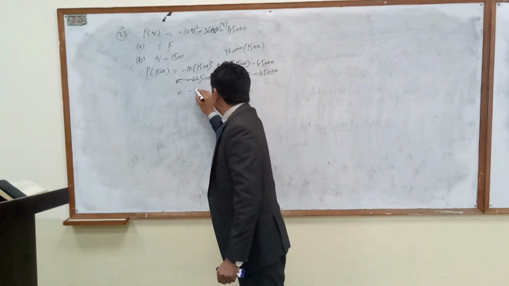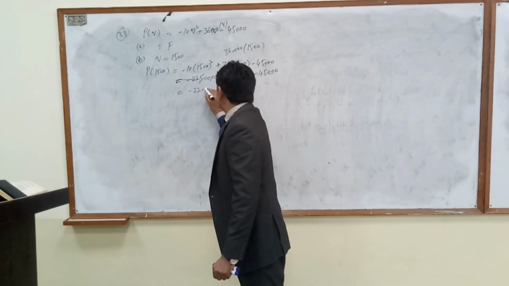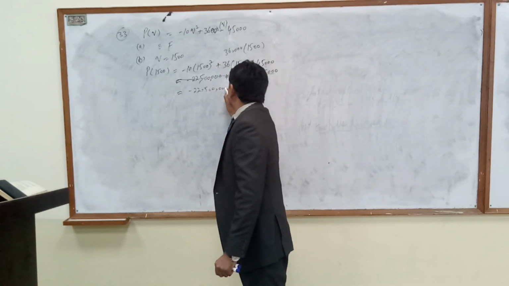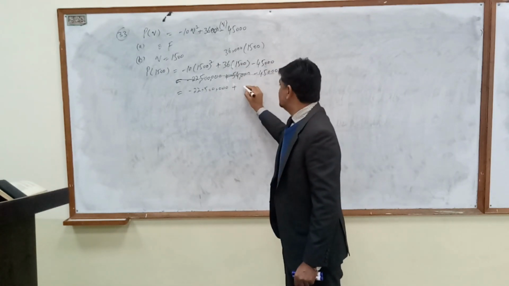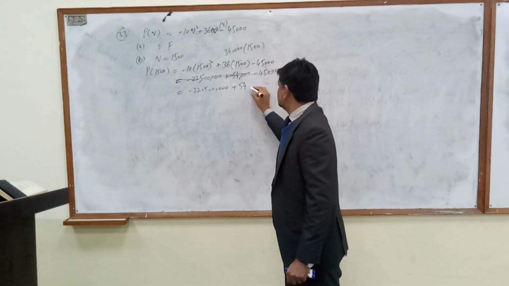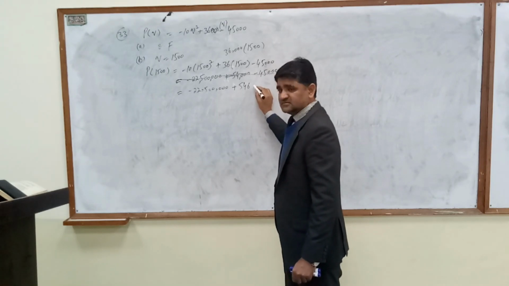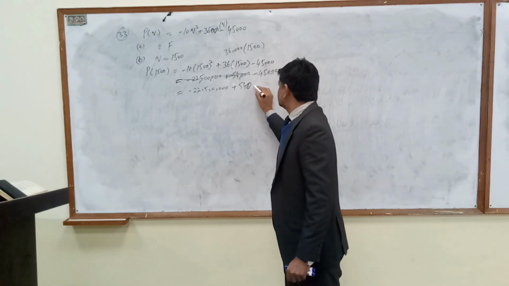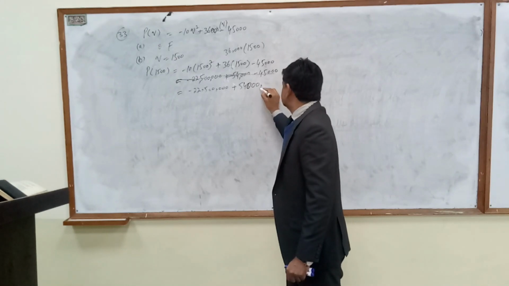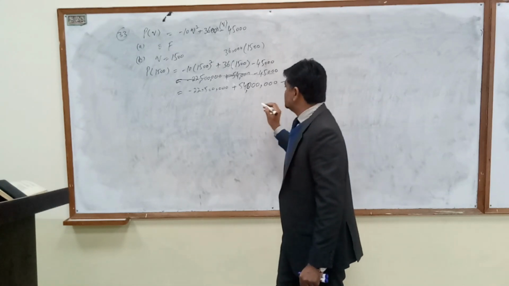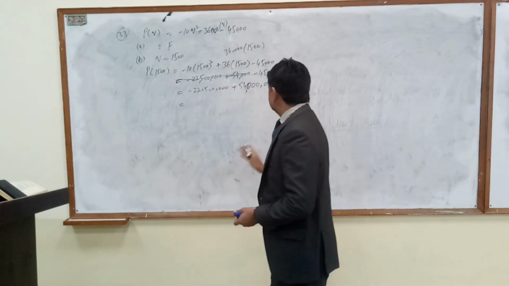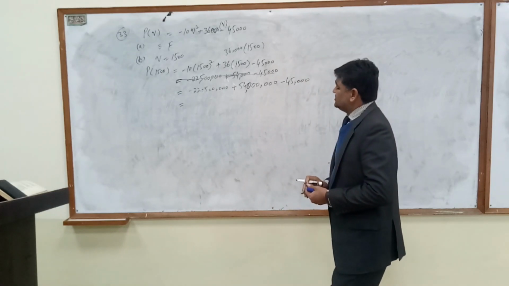It is 54 million minus 22.5 million, minus 45,000. Then you can simplify and find the sum.